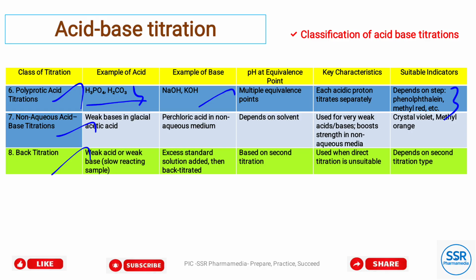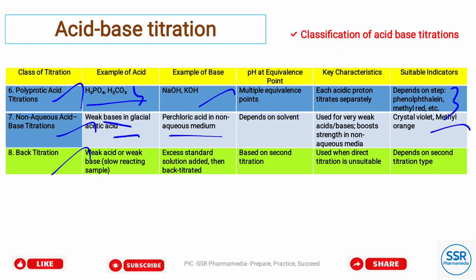Non-aqueous acid-base titrations are mainly used for the titration of weak bases in glacial acetic acid with strong acids like perchloric acid in a non-aqueous medium like glacial acetic acid. The indicators are crystal violet and methyl orange.